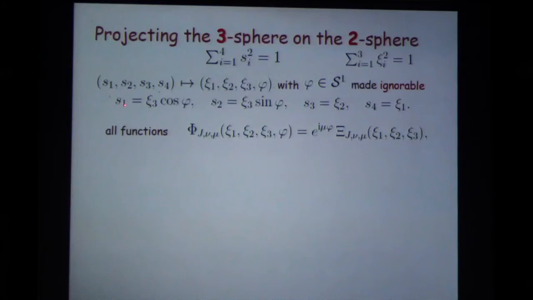S1 is x3 cosine phi, S2 is this sine phi, and S3, S4 are just given by x's. So all our functions of the four s's can be put in terms of x's, and we have always taken out the phase and remained with a function of the 3 coordinates of the ambient space of a 2-sphere.